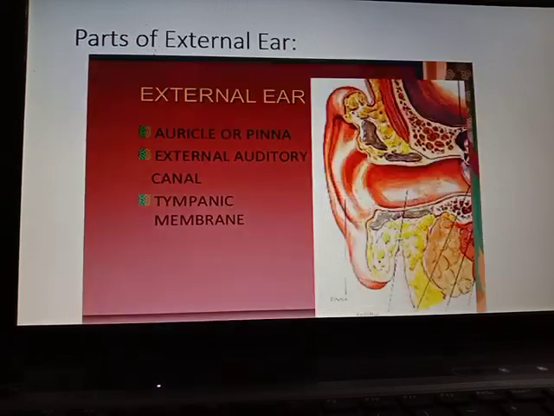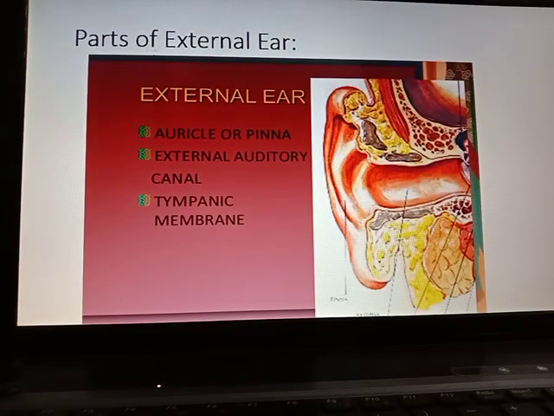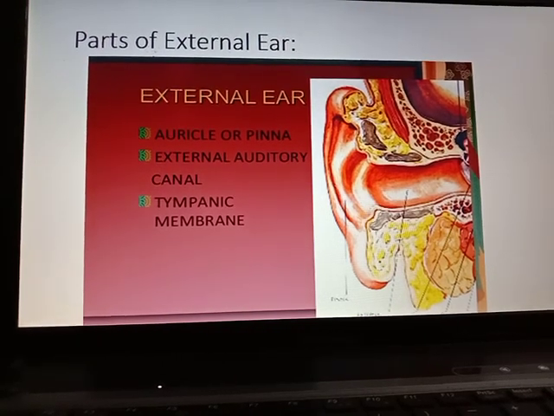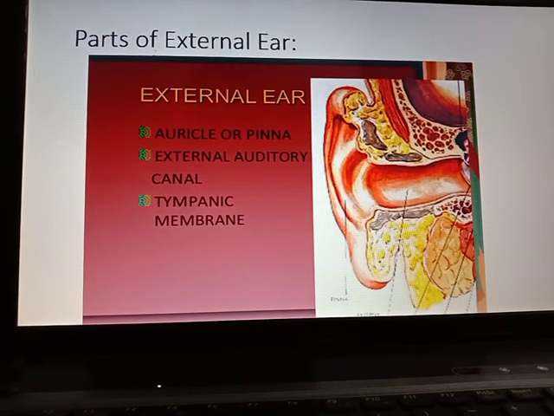So come to the external ear. The parts of the external ear. The external ear is composed of the auricle or pinna and the external auditory canal, and the tympanic membrane.